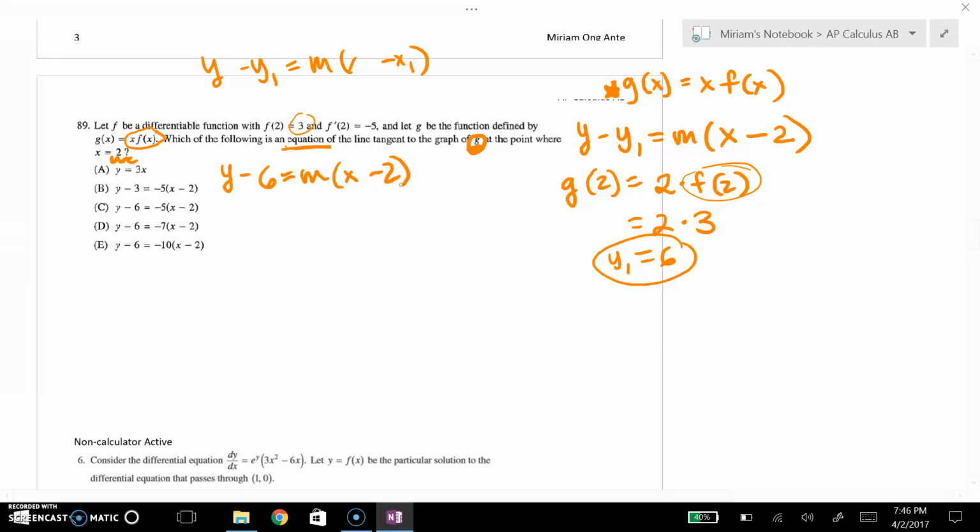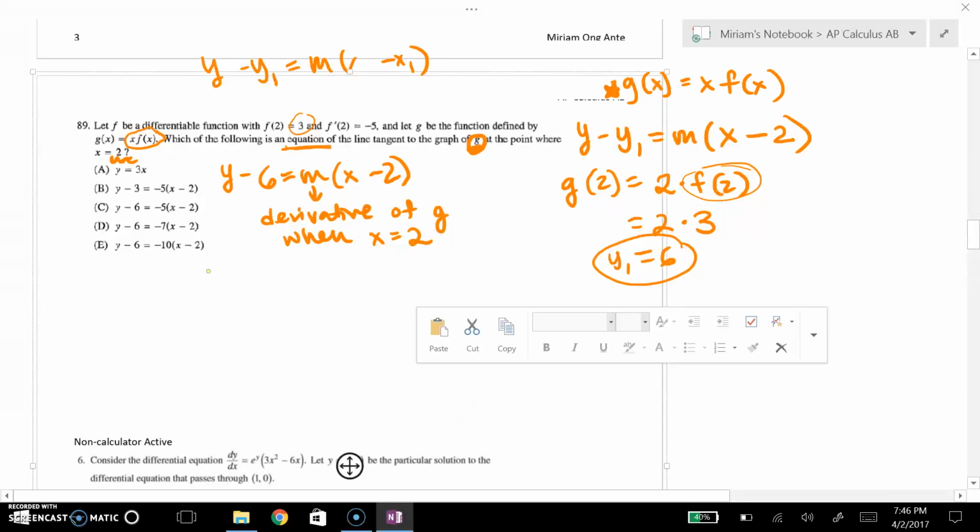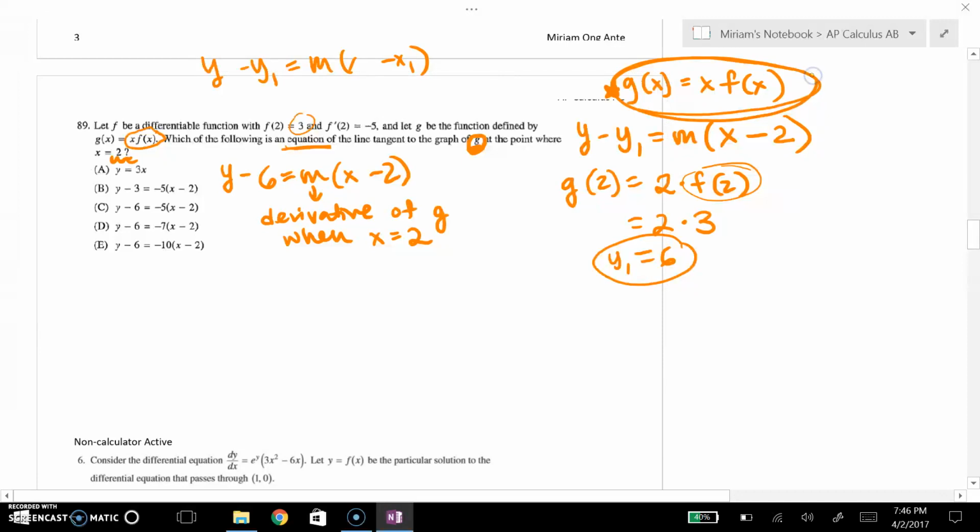Next thing, we need m. M means the derivative of g when x equals 2. So what we have to do is take the derivative of g of x. So g prime of x. You can do this. Take a look at the problem. We have x and f of x. This is the product rule. Split it up to f and g. F is x, g is f of x.